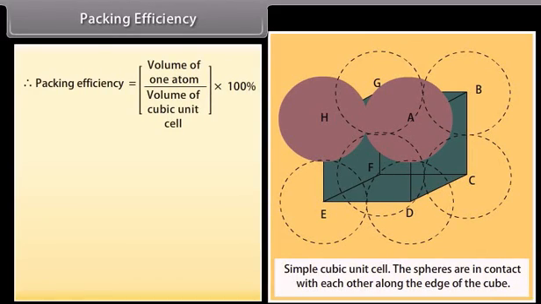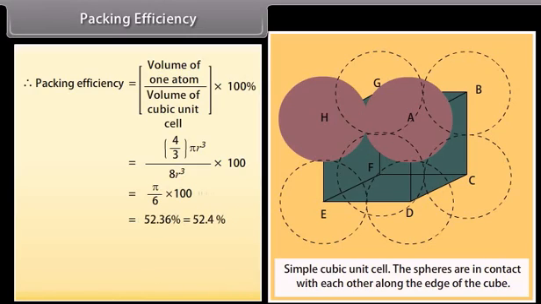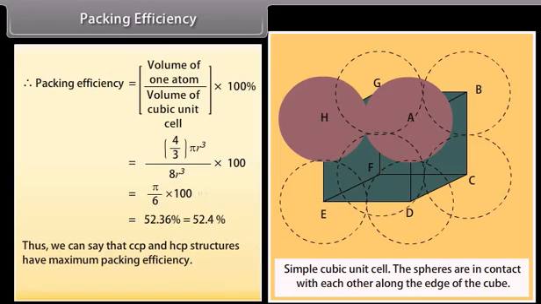Therefore, packing efficiency is equal to volume of one atom upon volume of cubic unit cell times 100%, which is equal to 4/3 pi r cube upon 8r cube times 100, which is equal to pi/6 times 100, which equals 52.36%, which is approximately 52.4%. Thus, we can say that CCP and HCP structures have maximum packing efficiency.